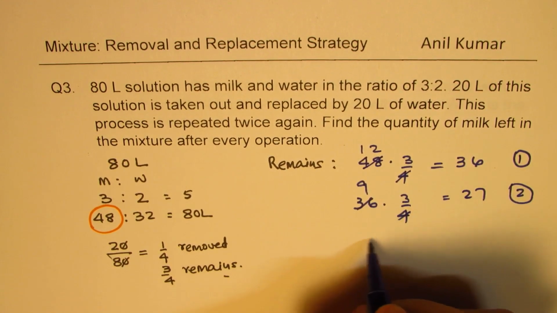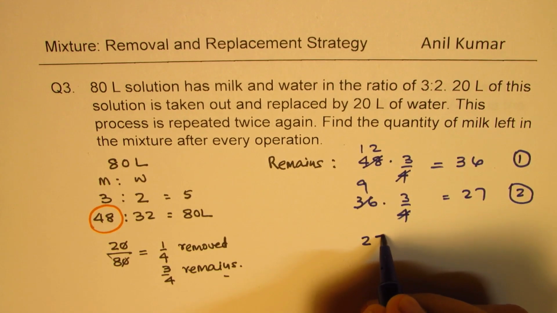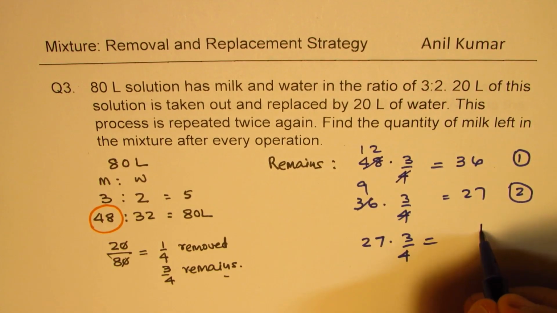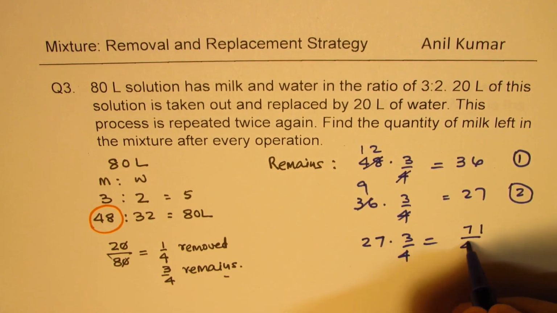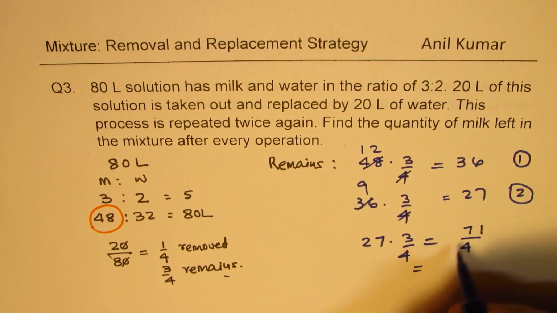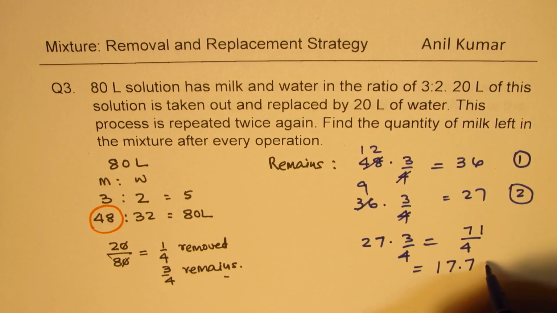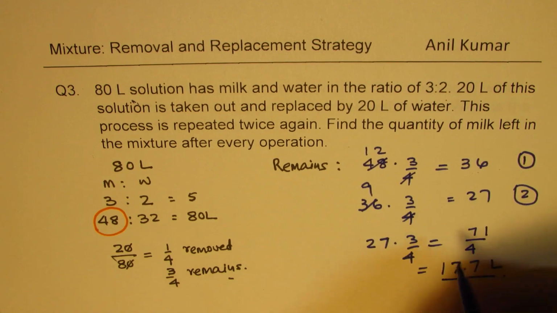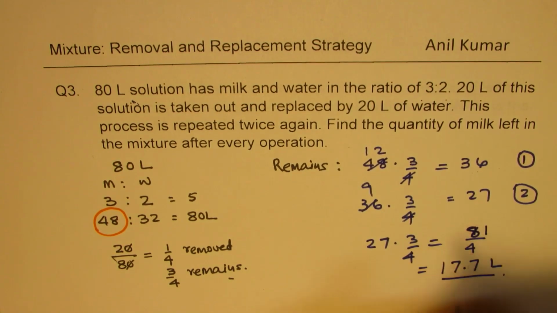After the second operation, the third time when you do it, 27 times 3/4. Now when we multiply 27 by 3, it is not 71, but it is 81.